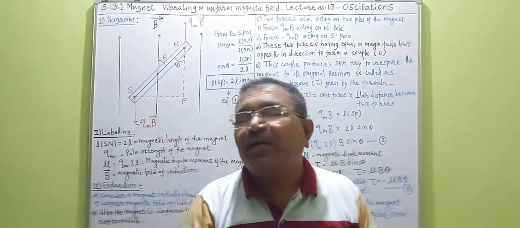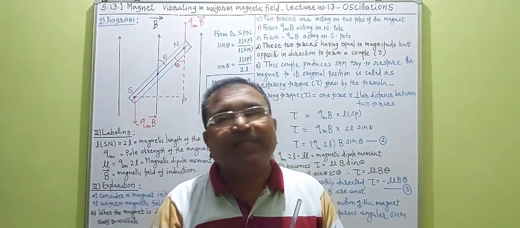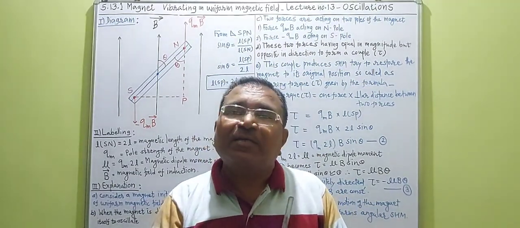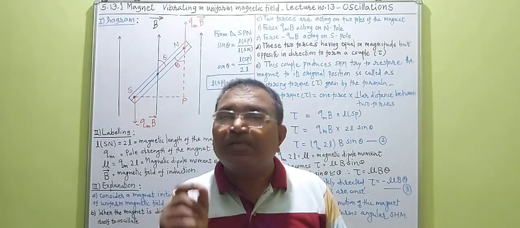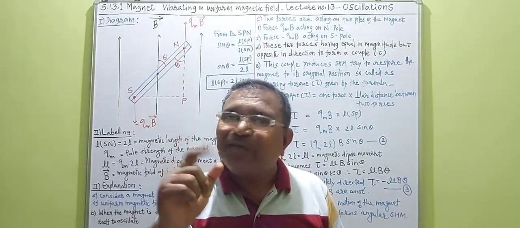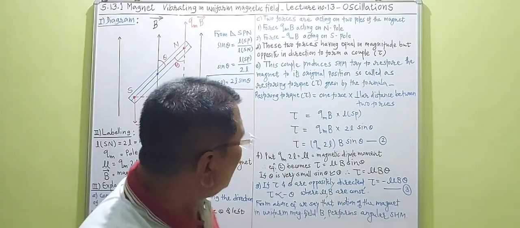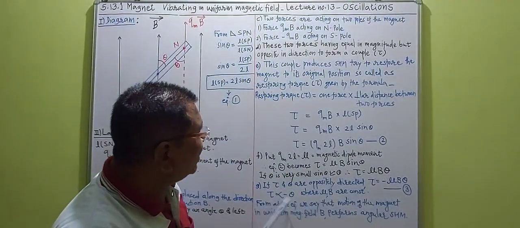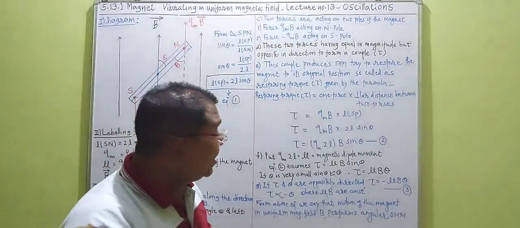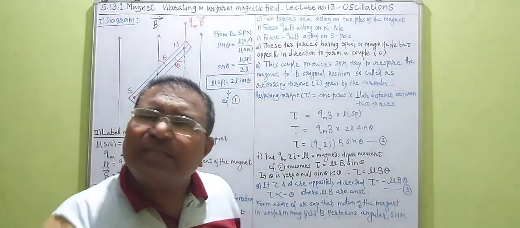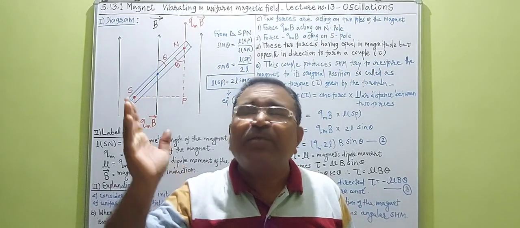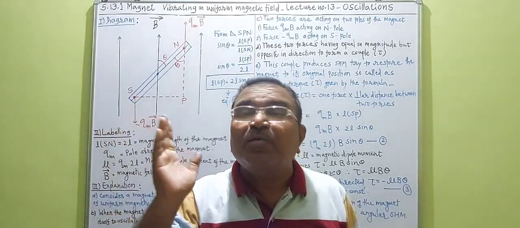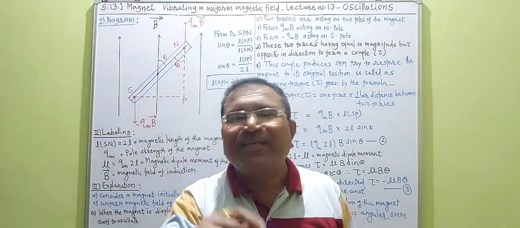So there may be a possibility of asking a question like this: show that a magnet vibrating in magnetic field B performs angular SHM. So we should come up to this: tau is directly proportional to minus theta, and if we get this equation, it clearly indicates that the motion of the magnet when placed in uniform magnetic field performs angular SHM.